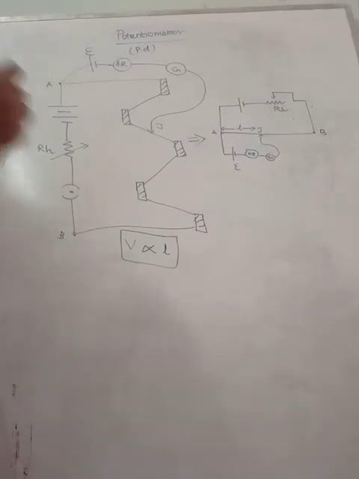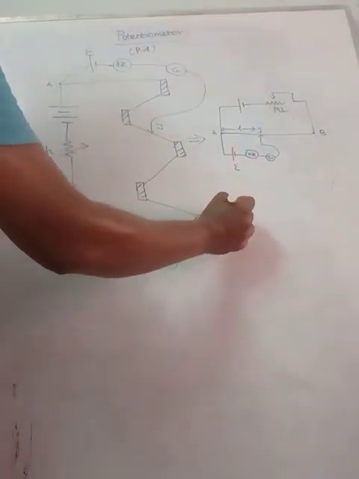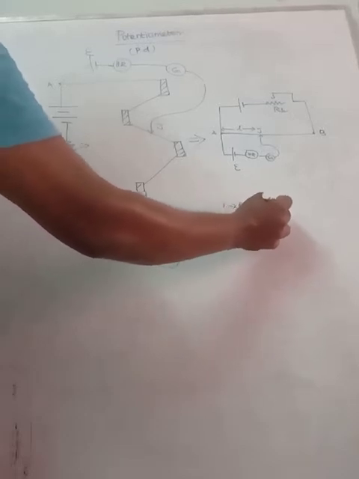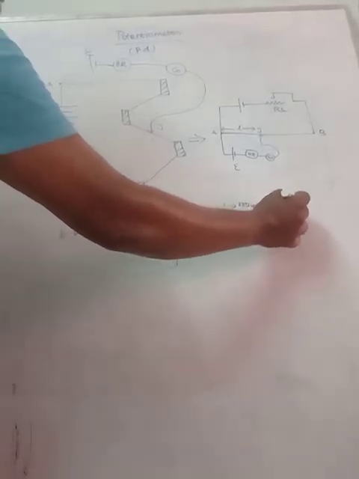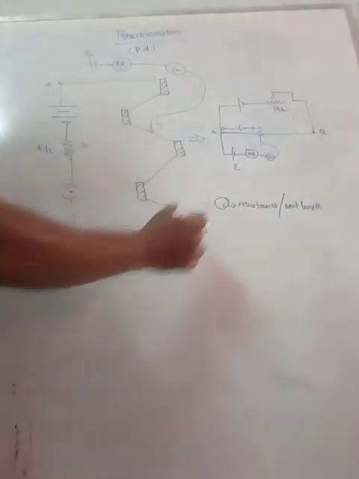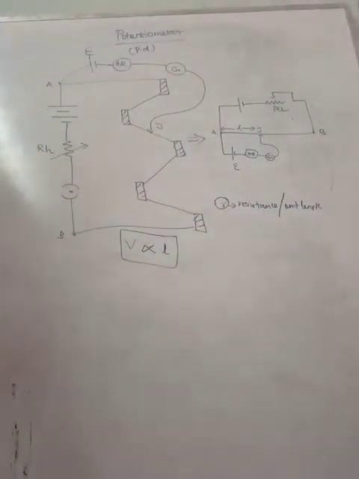Now let me take small r as the resistance per unit length. Clearly watch here: normally we use R for internal resistance, but here r is the letter used for the resistance per unit length of the conductor.